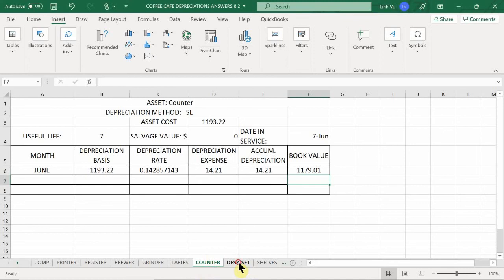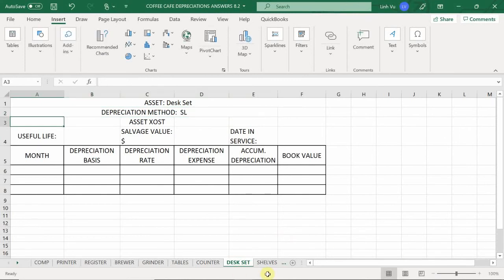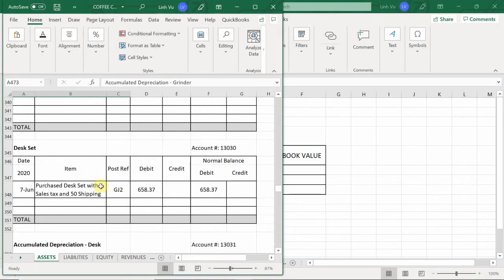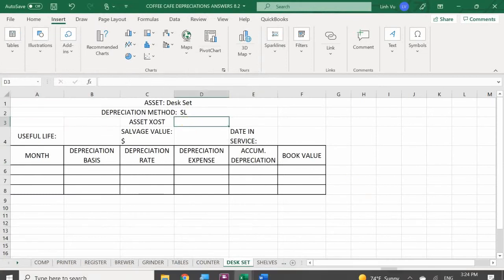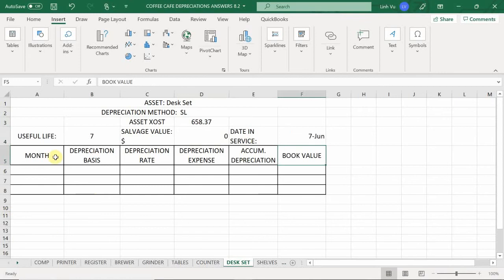Okay, next, the desk set. We have 658.37 as the depreciation basis. June 7 and 7 years.